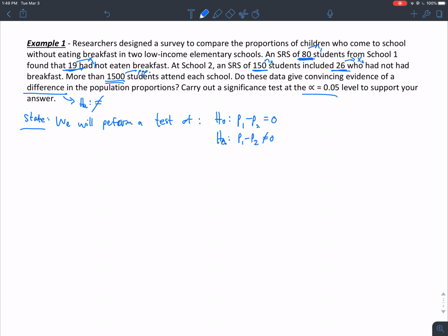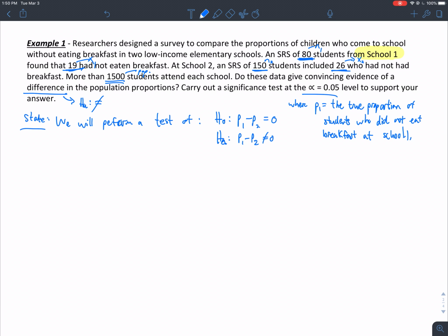Again, remember we have to define our P1, P2 if you do stuff like this. So we say where P1 is the true or population proportion of students who did not eat breakfast at school 1. Okay, so school 1.